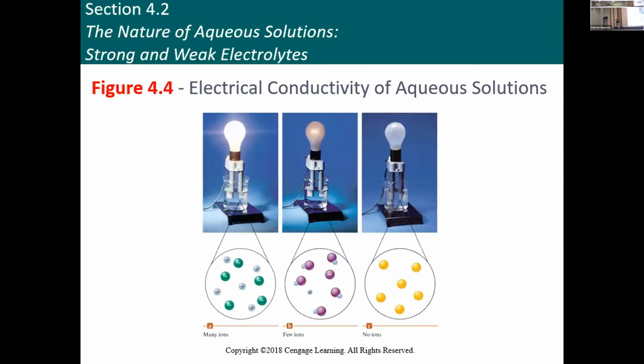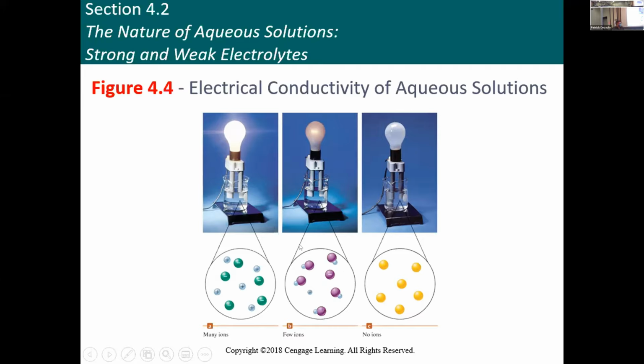So here's an example of that, where on the left you see many ions. This is NaCl, really any ionic salt that dissolves. You see it's fully ionized and you get a bright light because there's a large current, because the electrons can jump through this now ionized medium.